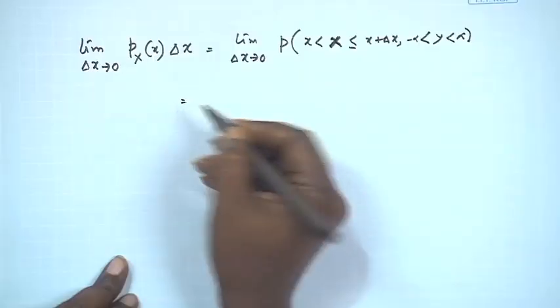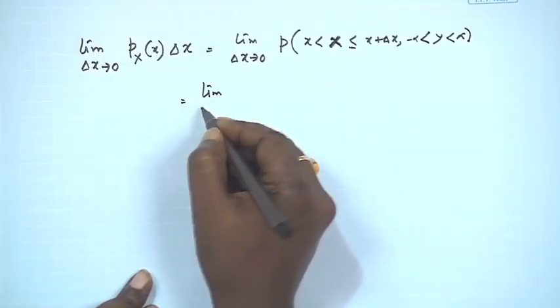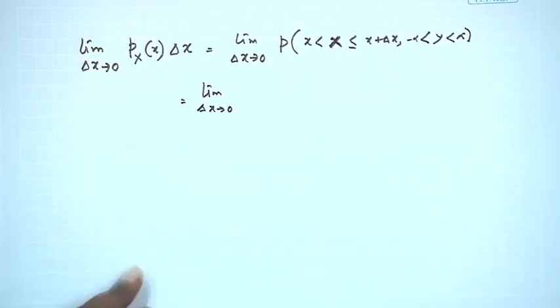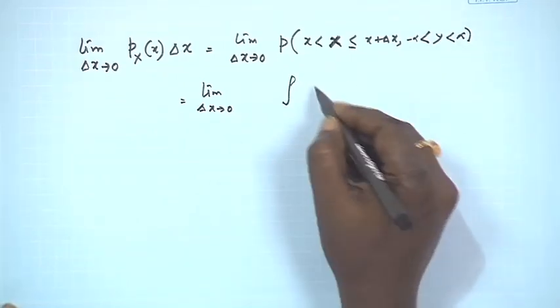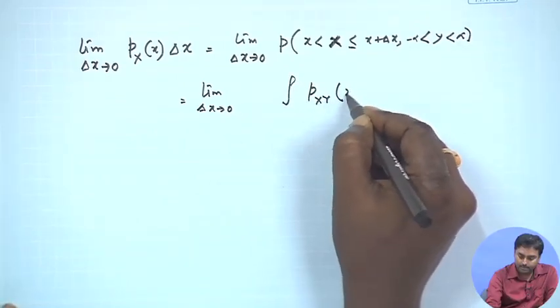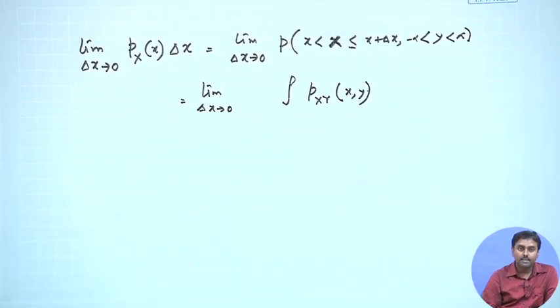Let us try to evaluate this. I can now write it as limit del x tends to 0. Now let us write it from the definition of PDF. Since y goes from minus infinity to plus infinity, this p x y must be integrated over all y.